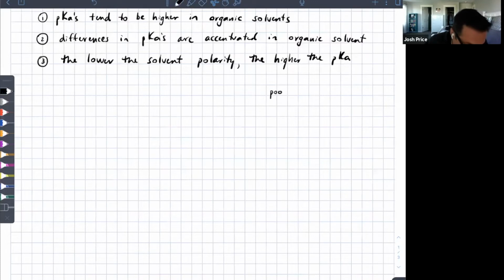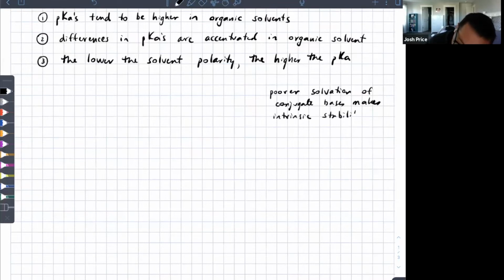One of them is that poorer solvation of conjugate bases makes the intrinsic stability of a conjugate base matter more than in water.